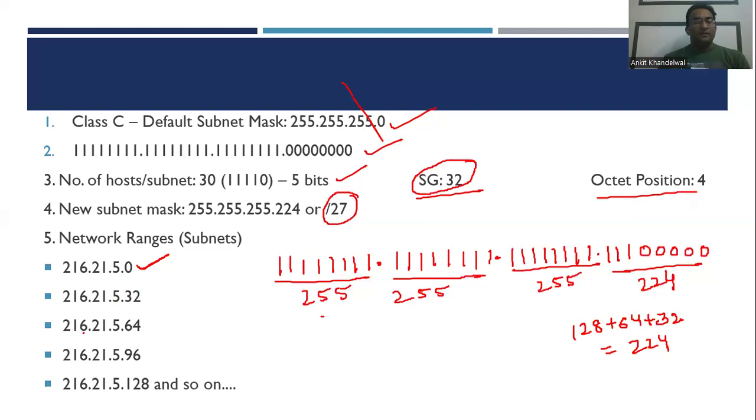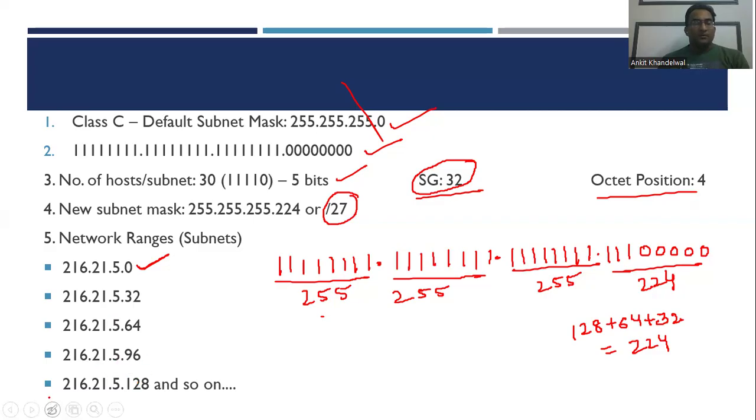Then for the third, again we add 32. The third network will start from 216.21.5.64. Then the fourth network will start from 216.21.5.96, and so on. We will add the subnet generator 32 to all the coming IP addresses.